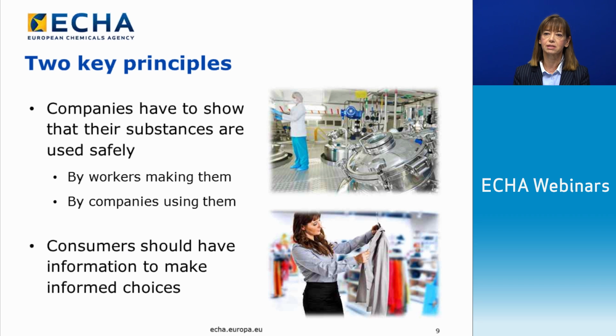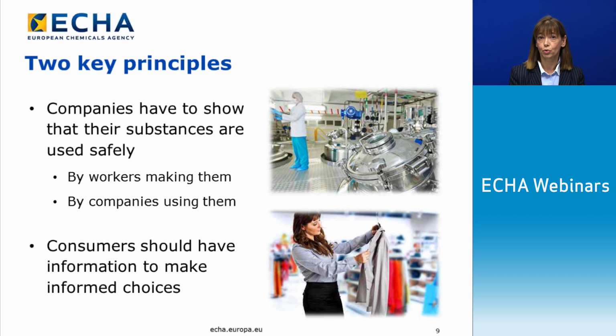One of them is that the companies are responsible for making sure that their substance can be used safely. And for that, they have to collect information on the properties and the use of their substances. They have to assess the properties, and they have to provide safety advice, not only to their workers, but also to the companies, their clients, the companies using these chemicals until the very end user.